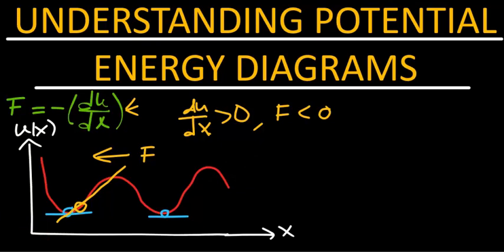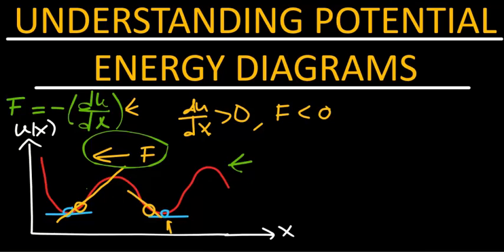If this potential energy graph represents the motion, say, of a glider along the x-axis, then what happens exactly here is that when you slightly displace the glider to the right-hand side of that minimum point, such a force which acts along the negative x direction will try to restore its original position. The same thing happens when the glider is, let's say, moved slightly to the left of the minimum position.